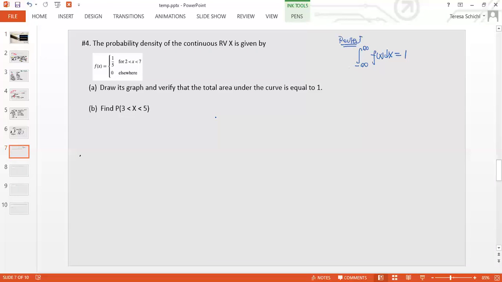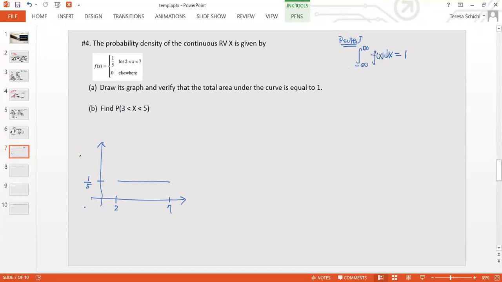Okay, so now let's take a look at this one. The PDF we are given is 1/5 for x from 2 to 7. So let's take a look at the picture. This is 2, this is 7, and because f of x is equal to 1/5, inside the range from 2 to 7 it is all 1/5.